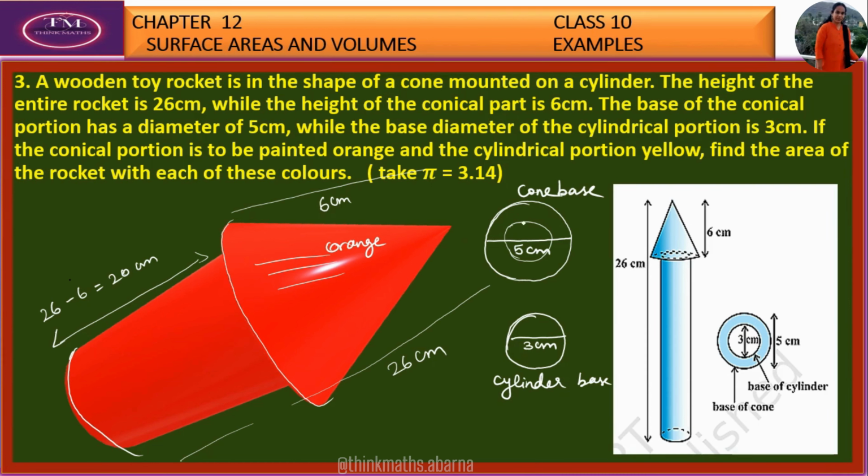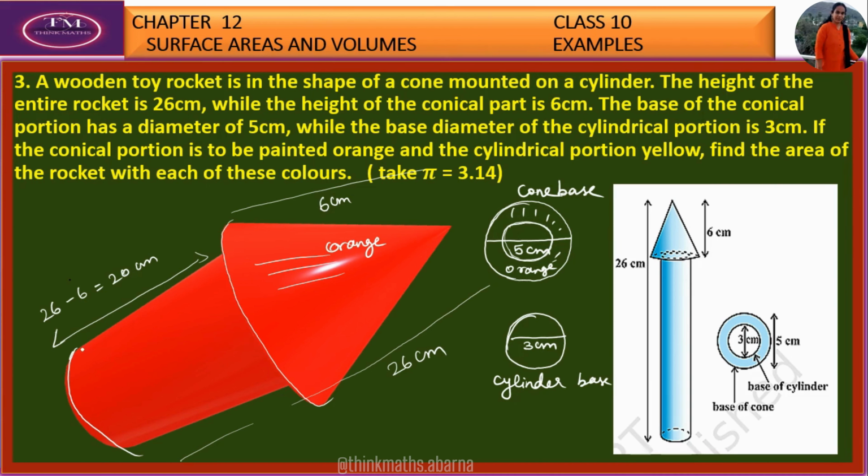When we come to the base, this base area of the cylinder is fixed to the cone, so we cannot color here. It is not visible. So we can color only this area, and this area will be colored orange. The fixed area will not be colored when we fix the cylinder with the cone.